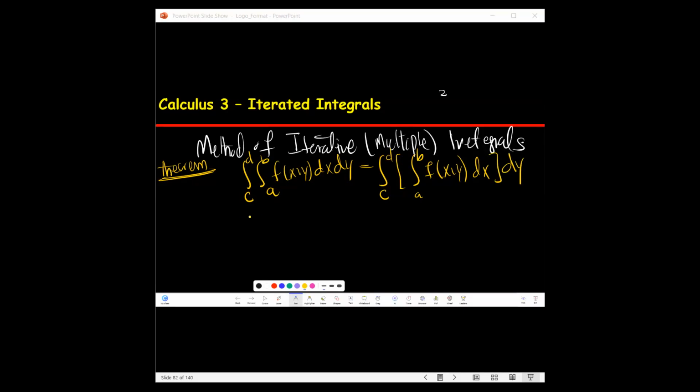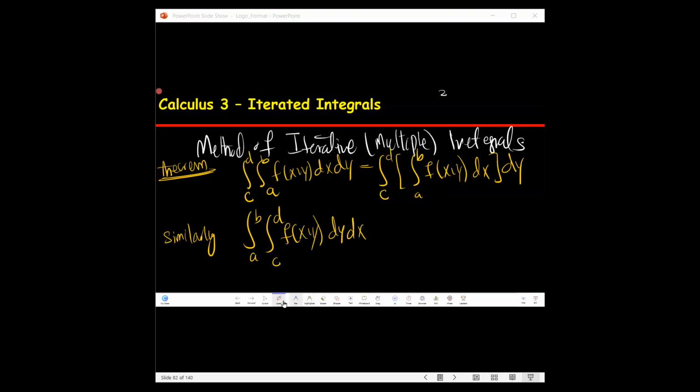Same thing. Similarly, if I change the limit c, d, same function, dy, dx, you can see here, I try to bring this guy here, and then flip-flop these limits.